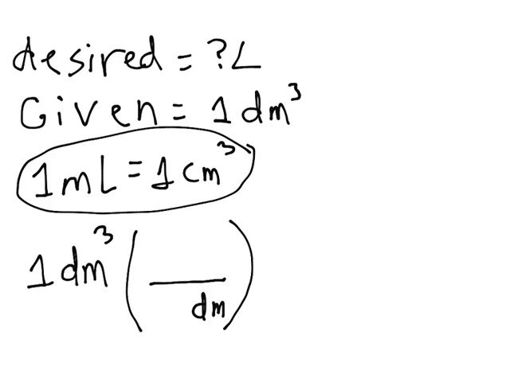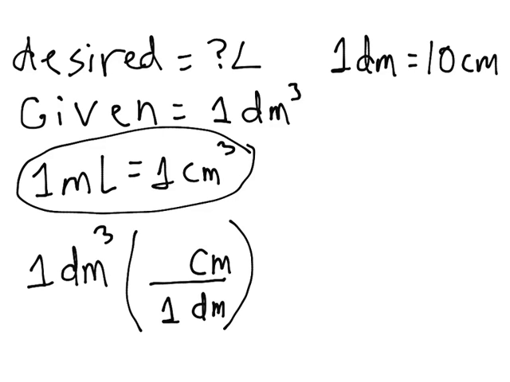But you know that this is centimeters, so you want centimeters here. Another conversion factor that should be given is that 1 decimeter is equal to 10 centimeters. You can get that the same way as the kilograms and grams. It's a given one, and it won't change. So you're going to write 1 here and 10 here.